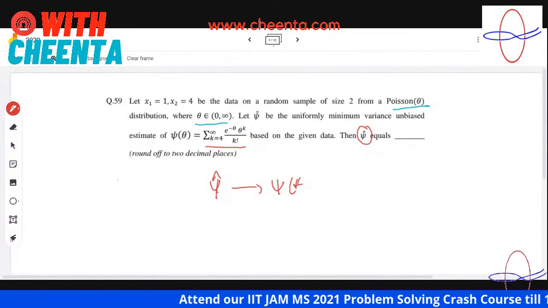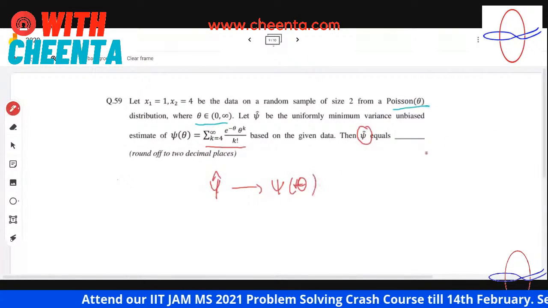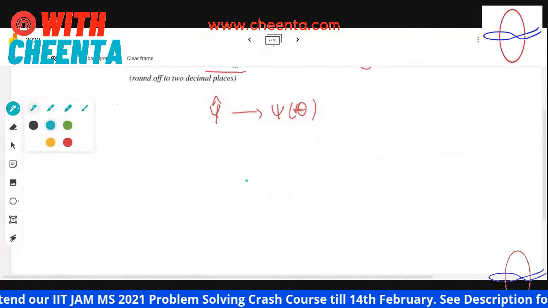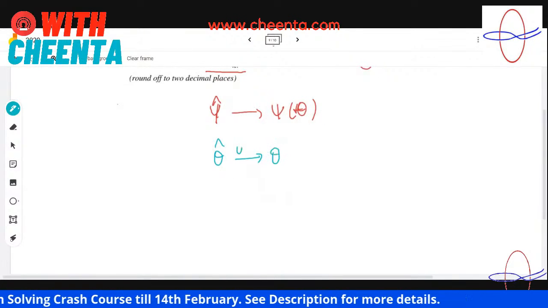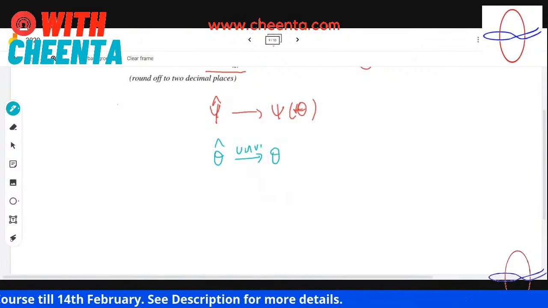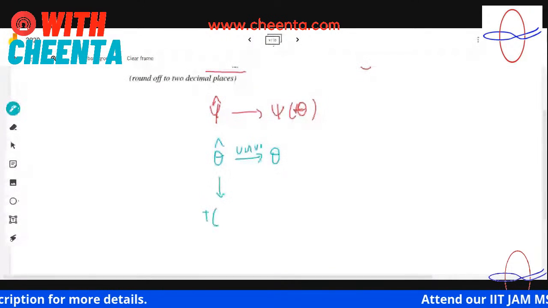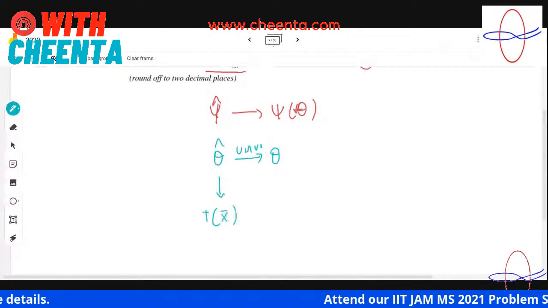So what I will do is the following. We have theta hat, the UMVUE of theta, right? Now what you do is find t of theta hat.